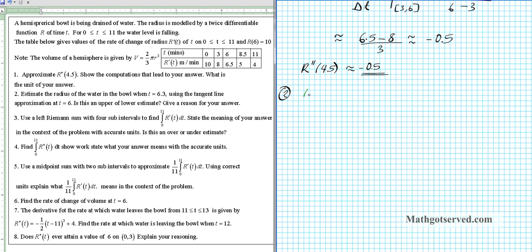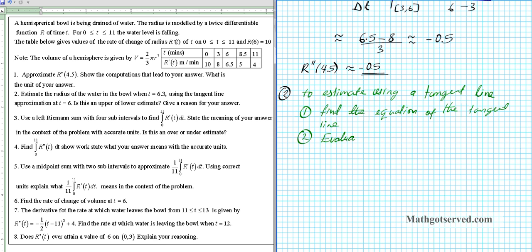So to estimate using a tangent line, the first thing you want to do is find the equation of the tangent line, and then second, evaluate the tangent line at the specific x value.